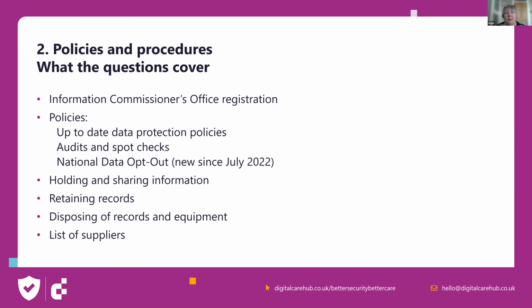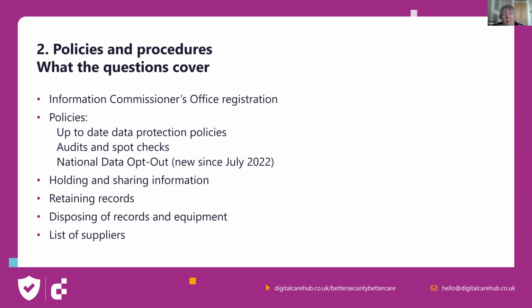You should also have a list of suppliers, such as IT or care planning services, IT support, accountancy, DBS checks, human resources and payroll.